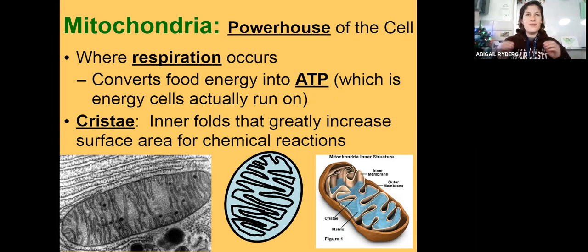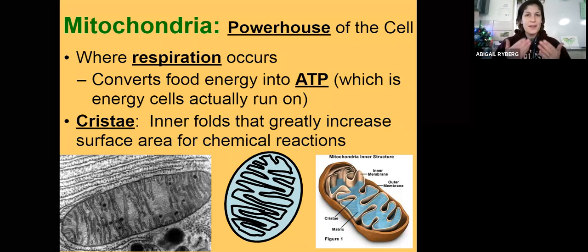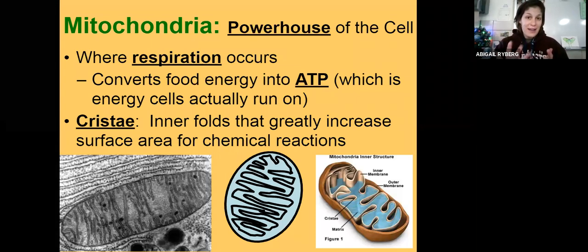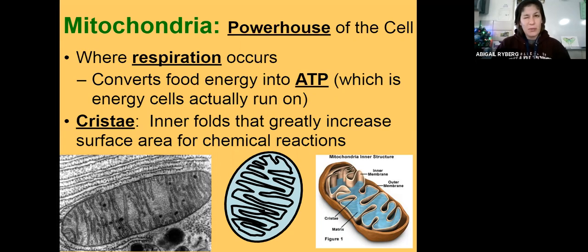So the process of respiration is taking food and producing ATP to fuel our cells. And then you'll see later on that one of the products is carbon dioxide, which we exhale. So respiration is very much tied to our breathing, but that's not actually the process that we normally refer to here in biology.